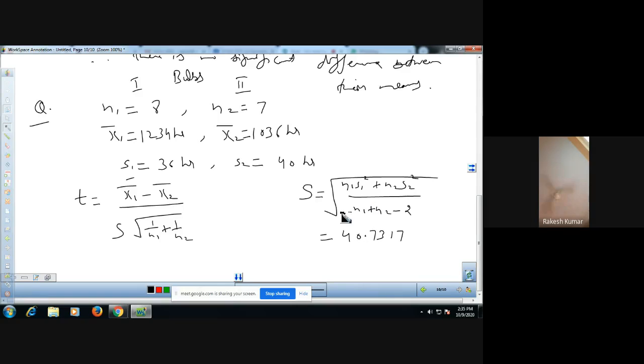This is your work, you will evaluate this one. After substituting the values, 1234 minus 1036, divided by 40.7317 times the square root of 1 over 8 plus 1 over 7, you will be able to find the value of t, and it comes out to 18.148. This is your t calculated.